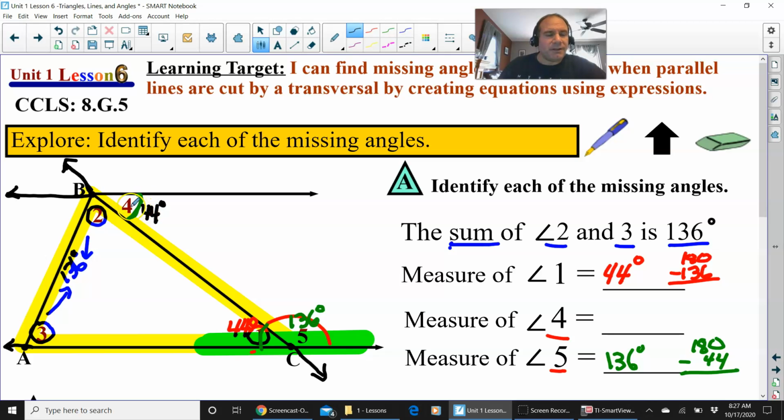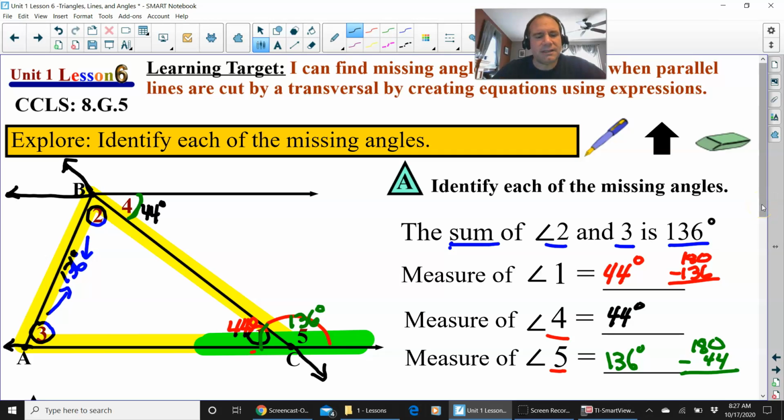And remember, like in parallel lines, these are vertical angles here. If you needed to get it, this would be a vertical angle. This would be 44 degrees. All right, and then this would be 44 degrees. You do that kind of like crisscross right there. So angle 4 is 44 degrees. And that's how you would do that problem.